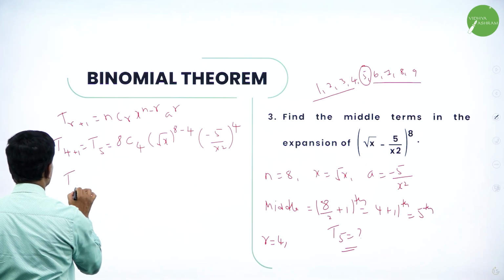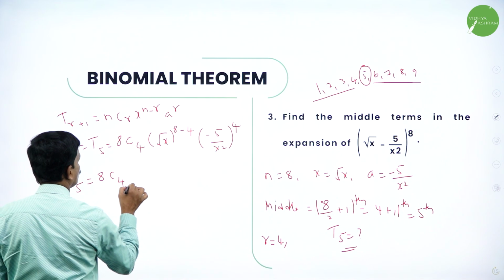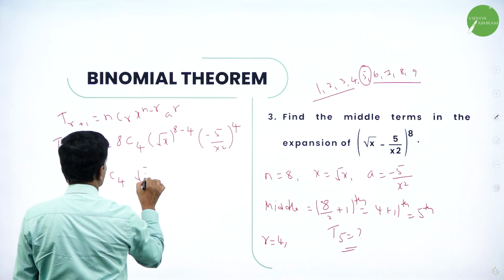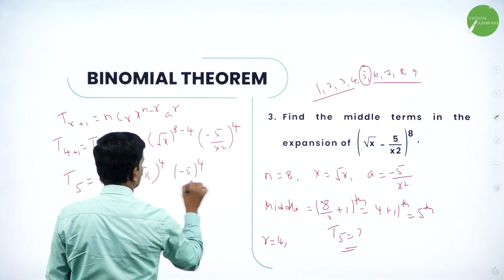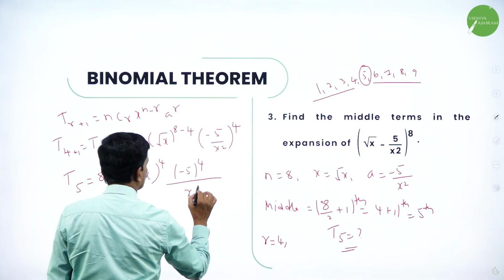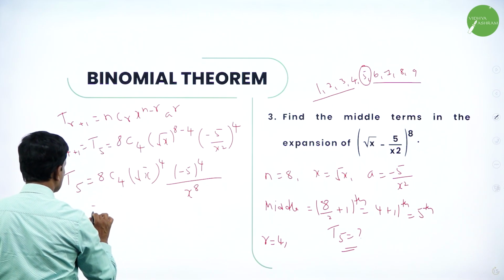T5 is equal to 8C4, (root x) to the power of 8 minus 4, which is 4, (minus 5) to the power of 4 divided by (x square) whole to the power of 4.